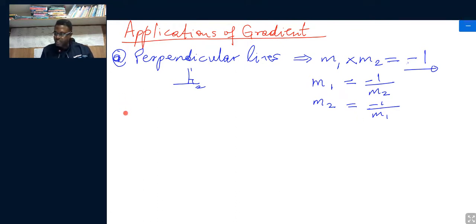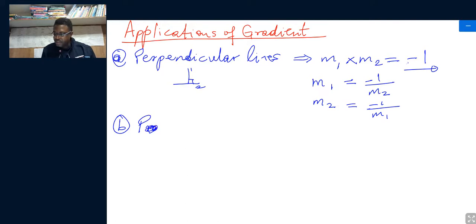Let's move forward. This is pretty simple and is easy to follow. You just have to know that in gradient we learn about 5 things. The first one is the average gradient and then the applications. The second application, we are determining if the lines are parallel. Parallel lines.